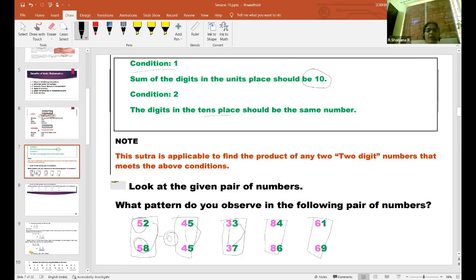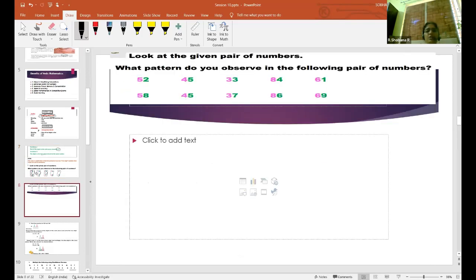So how do you multiply numbers like this using the sutra? Take 52 into 58. By Antayor Dashake Api, the last digits make a sum of 10 and the tens place remains the same. How do you multiply the digits? The answer here has two parts.